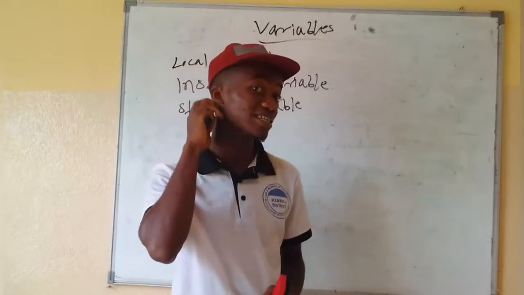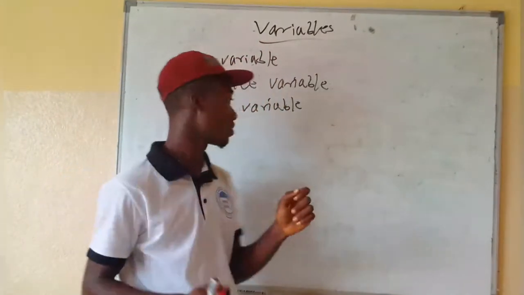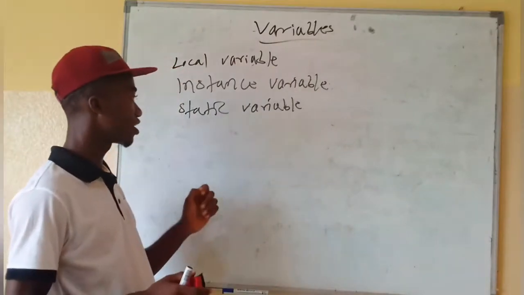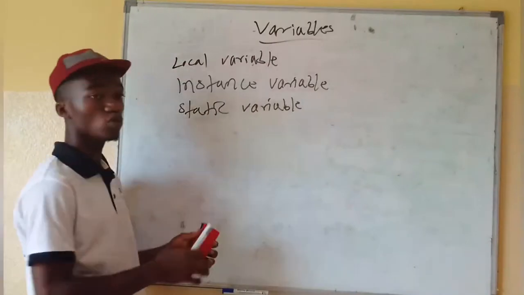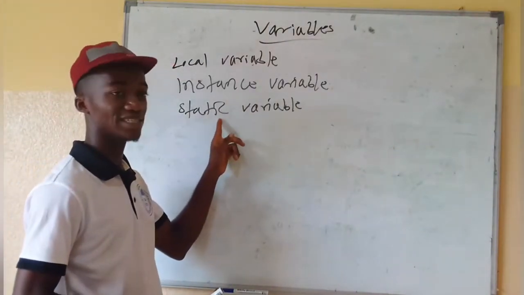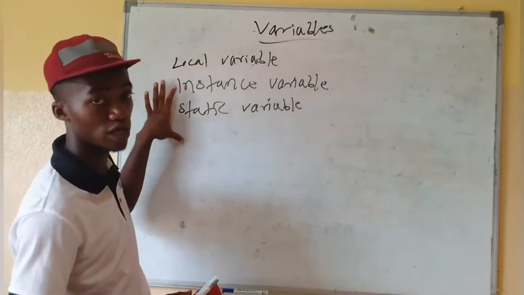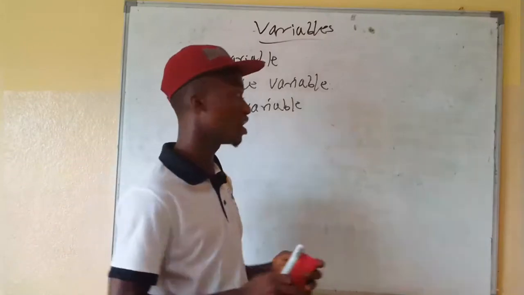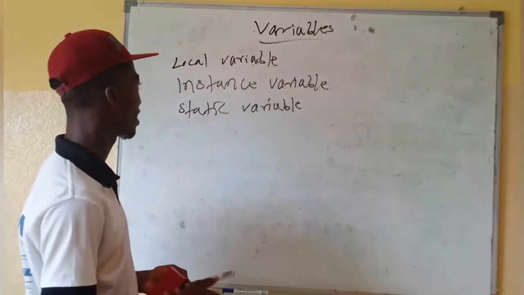Any variable that you declare within the class is referred to as instance variable. And then static variables, these are variables that we declare with a static keyword. Any variable that follows the static keyword is a static variable. So these are the three types of variables that we have in the Java programming language. Okay? So let's talk about them one after the other.